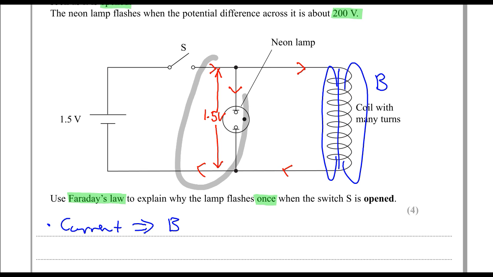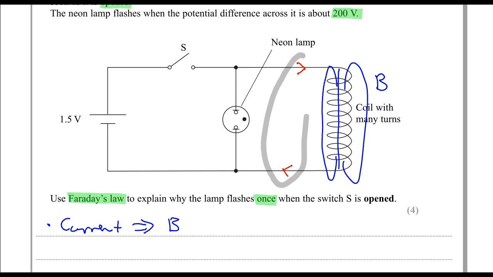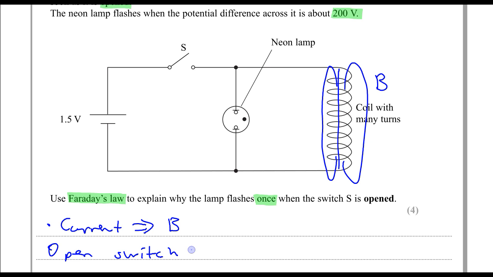So we don't have the current, and as a result, the magnetic field will also disappear, because the current was the reason the magnetic field was there.